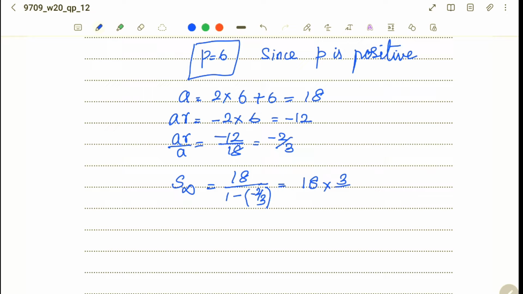Dividing by 5 over 3 can be written as multiplying by 3 over 5, which gives 10.8. So the sum to infinity is 10.8.